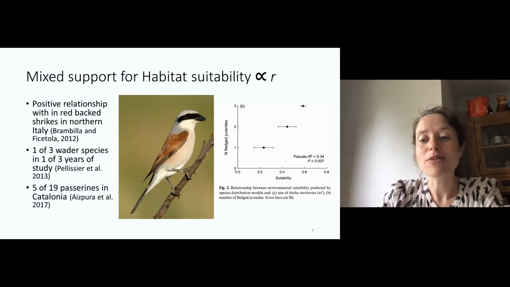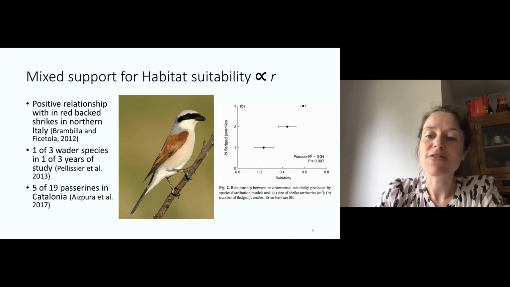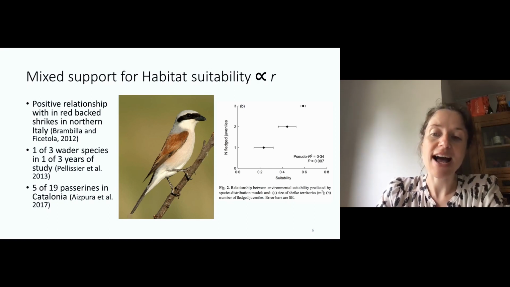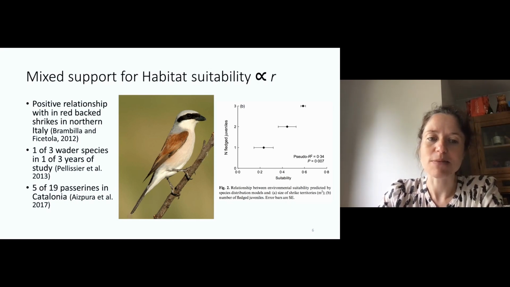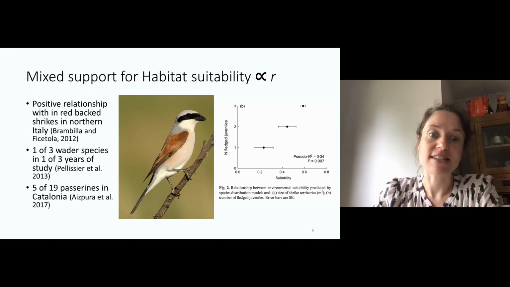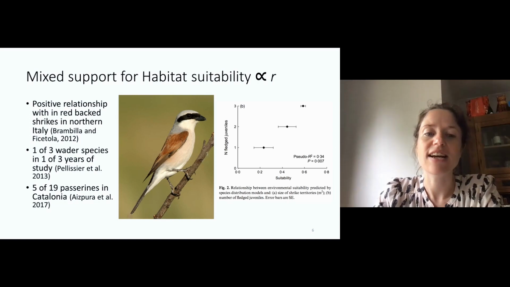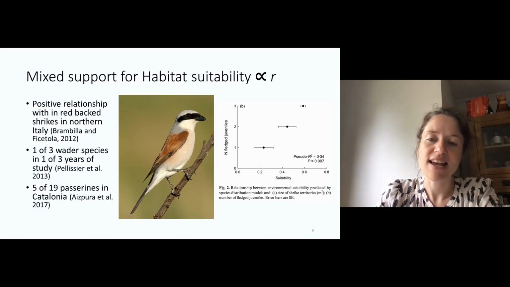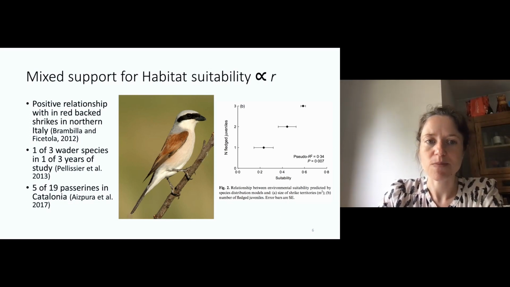There has been some support. For example, red-backed shrikes have fledged more juvenile offspring in areas which have a higher habitat suitability in these models. And there are some instances of models finding support for this idea at relatively small scales for various bird species.